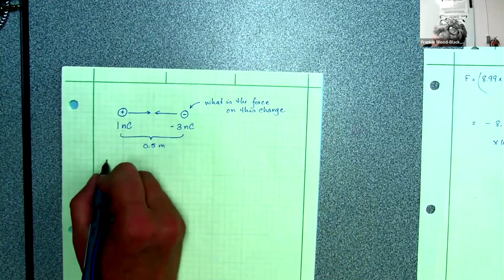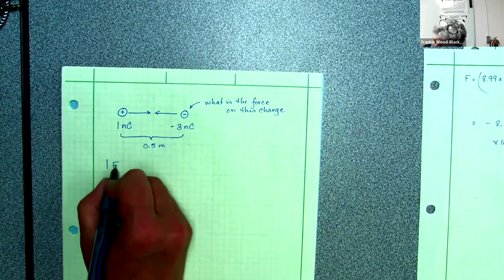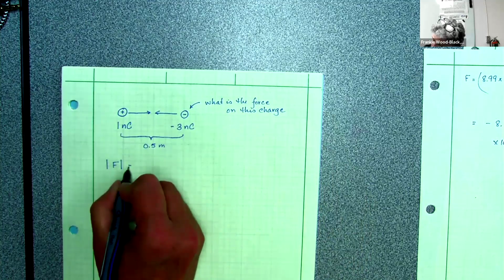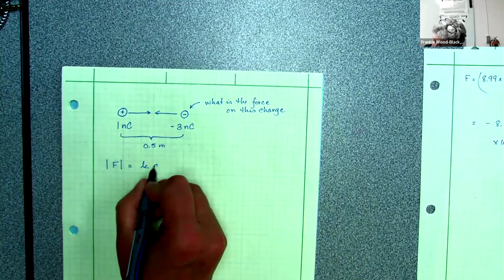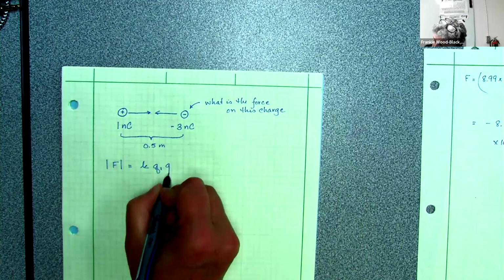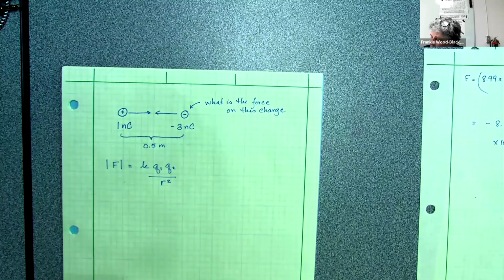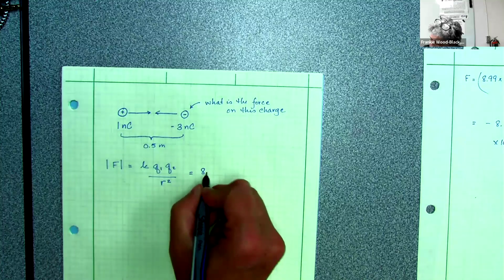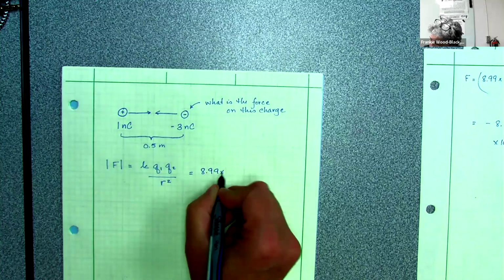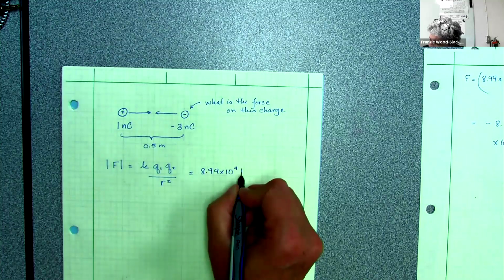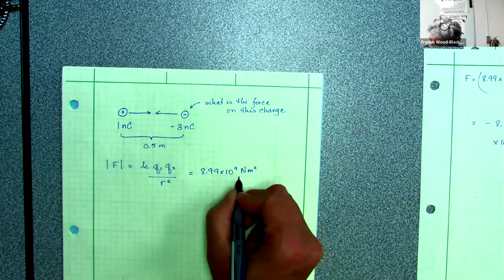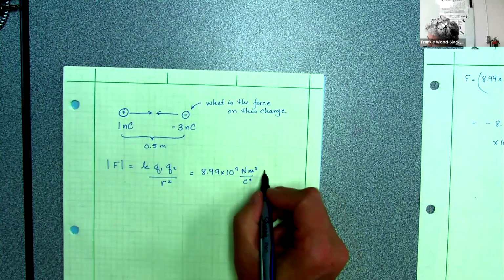So the first thing that we're going to do is calculate the magnitude of the force. And we know that that's K, Q1, Q2 divided by R squared, which is going to be my 8.99 times 10 to the 9th newton meters squared per coulombs squared.